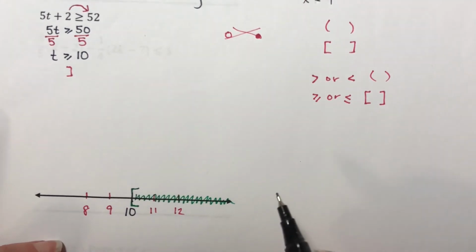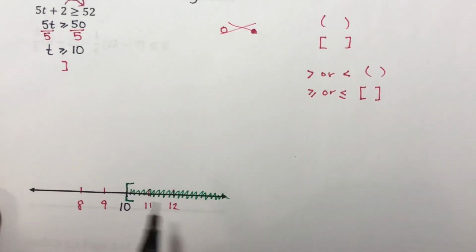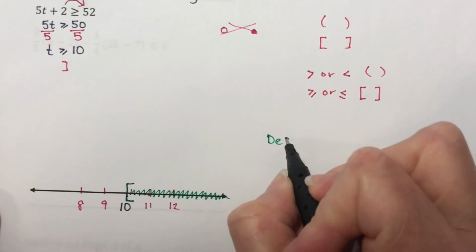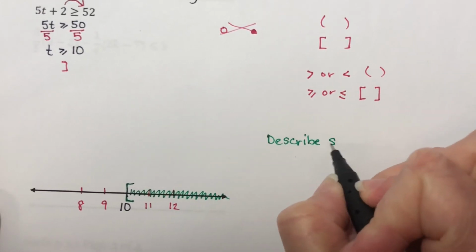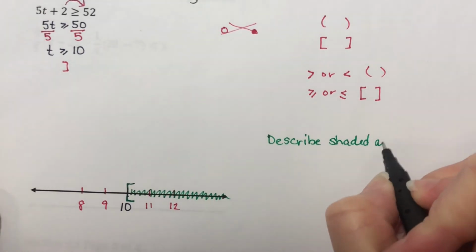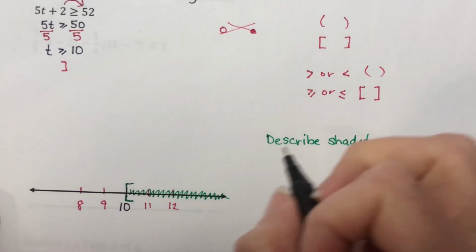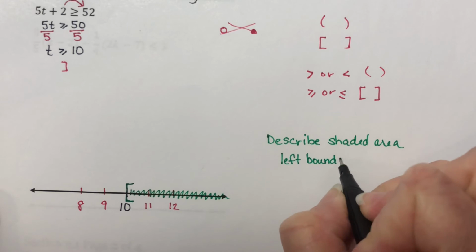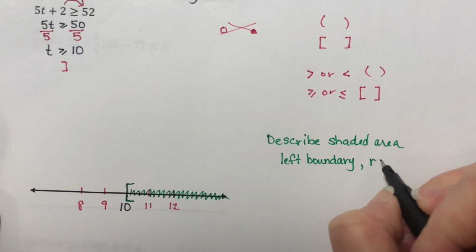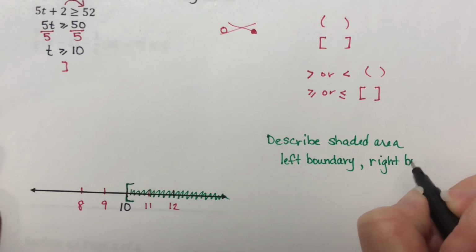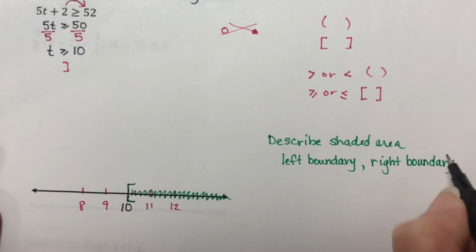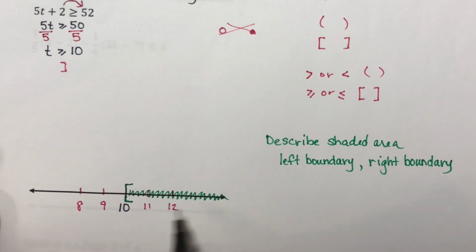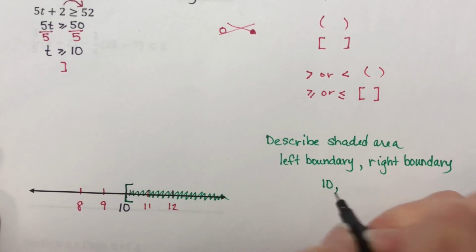How do we do the interval notation? Interval notation, you want to describe the area that is shaded. What you always want to do is put the left boundary, comma, the right boundary. So if I'm looking at what I have graphed here, on the left-hand side, I stop at 10, so my left boundary is 10, comma.